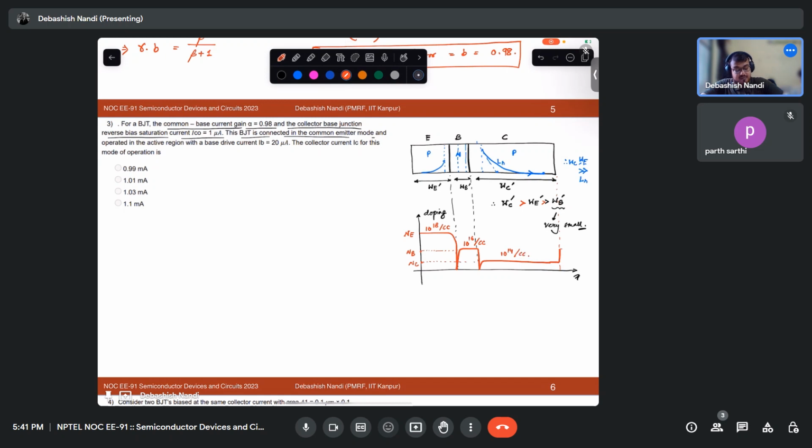Okay, so the correct way to write the PNP transistor is that you make it P double plus, you make it N, and you make it P plus. Or let me just do it in this way. Okay, so this way you will not be able to mistake what is your emitter, what is your collector, and what is your base.